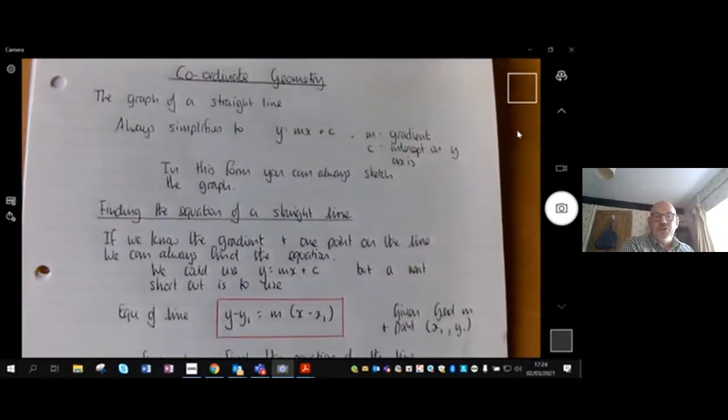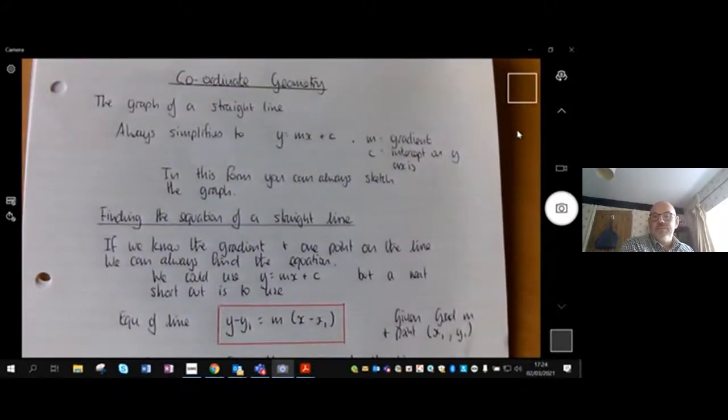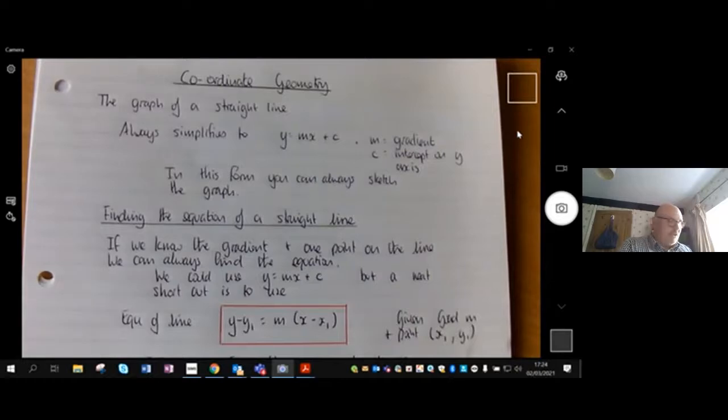However, there is a shortcut that I use. A little bit of notation here. Given the gradient is m, and our point we call x1, y1, the x coordinate of point 1, the y coordinate of point 1, that little formula there gets you to the equation of the straight line.